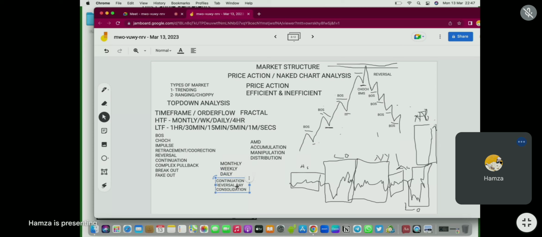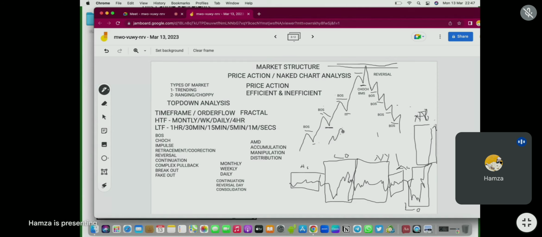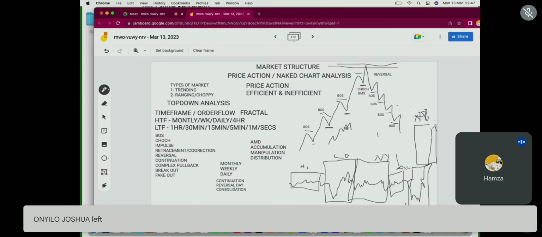So the bullet point I added is the complex pullback. What it means is the example I gave earlier. Whenever we have an impulse, correction, impulse, correction, impulse, correction, and then all of a sudden we had a correction that broke previous structure, that's a CHoCH.